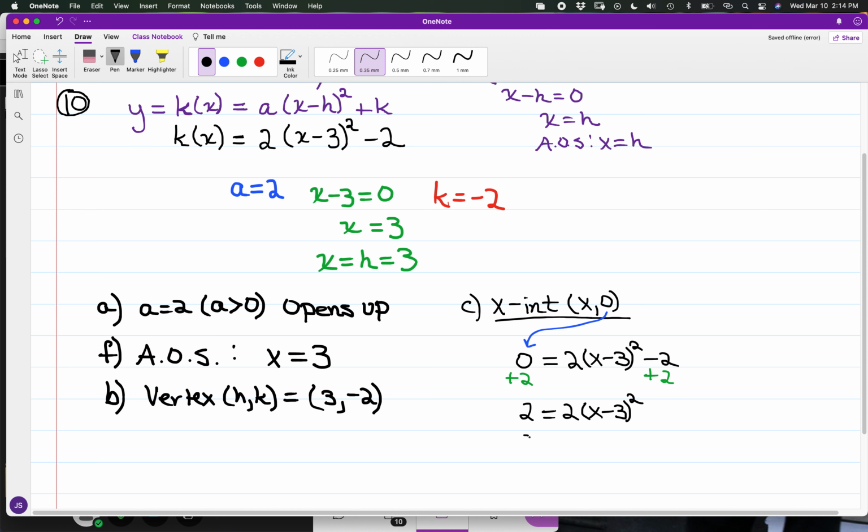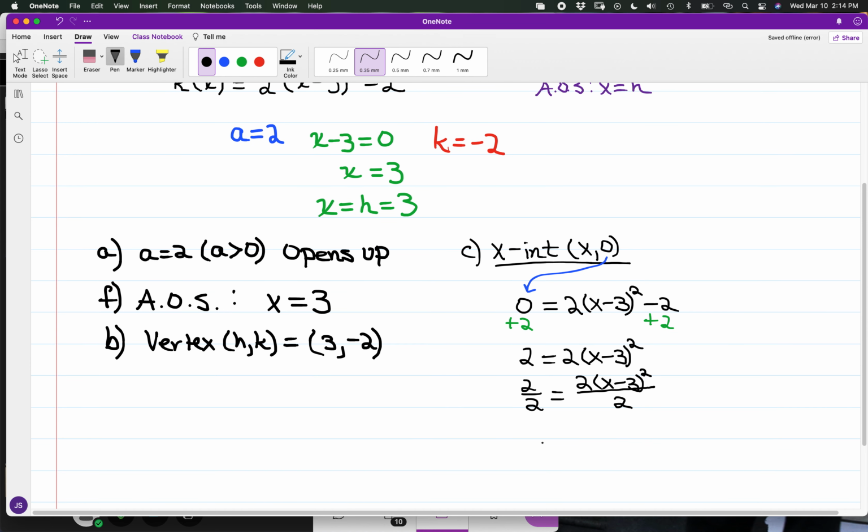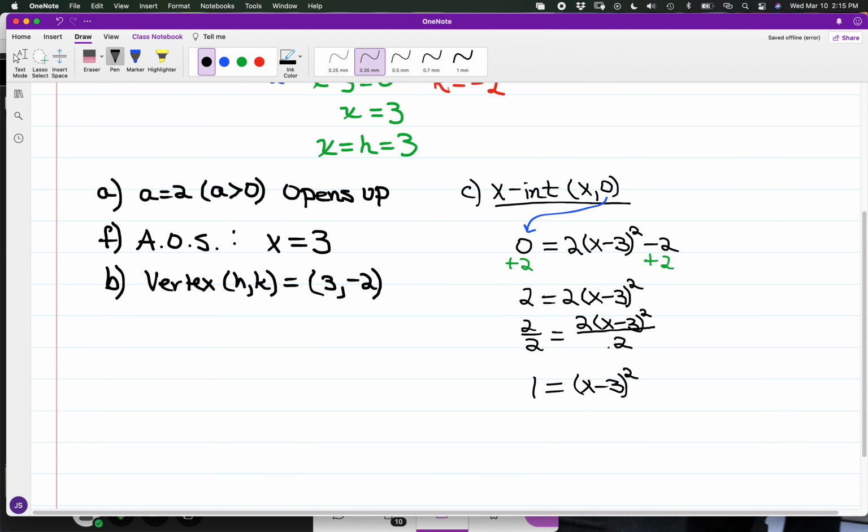If I divide the equation by 2, I have that 1 is equal to the square of x minus 3. And just switching sides, to go from a is equal to b format, I have the square of x minus 3 is equal to 1.